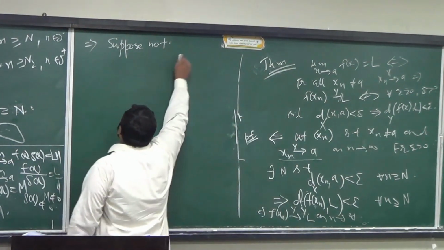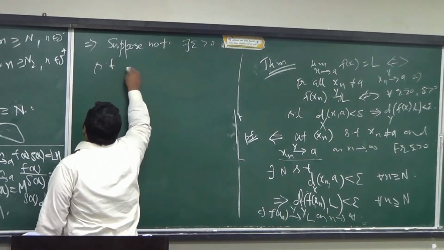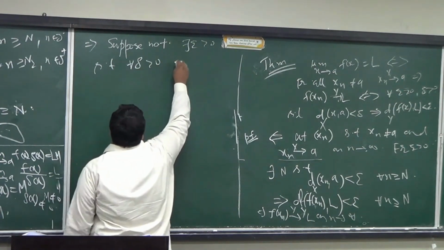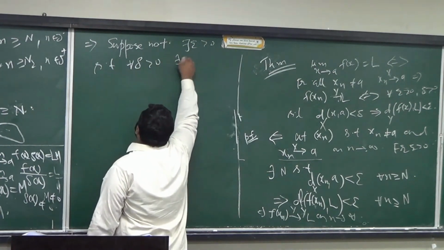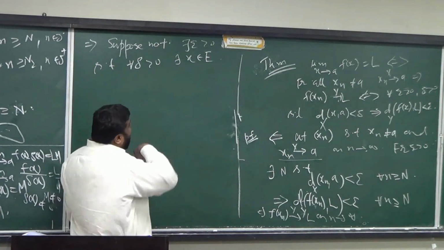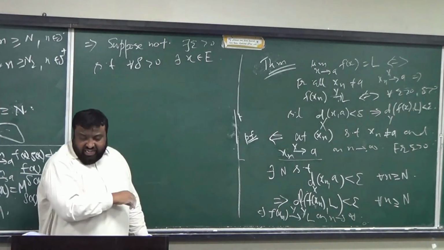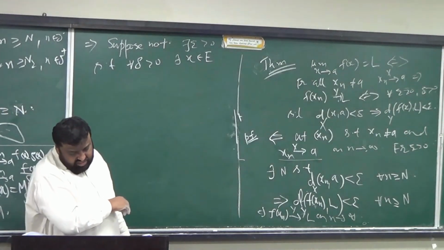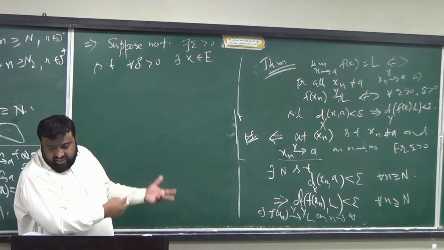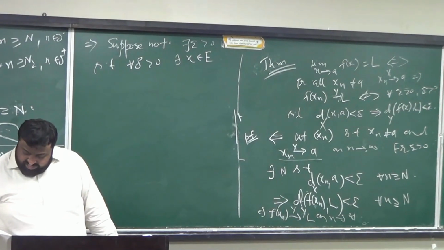So there exists epsilon positive such that for all delta positive, there exists x in E, actually x in X, depending on delta.